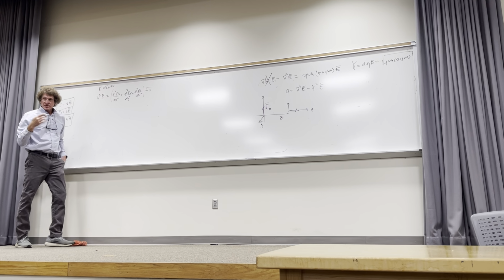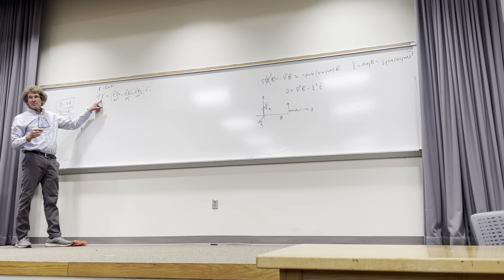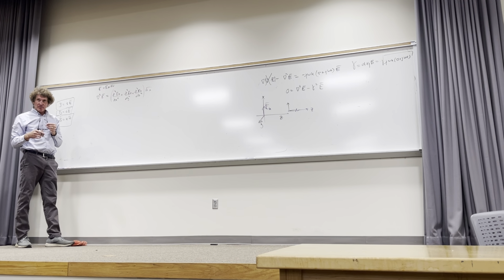Now, just for the record, this is a vector Laplacian. You see, the E field's a vector, not a scalar. In the back of the book, if you look at the scalar Laplacian, it would just be the second derivative of whatever that scalar function is, which could be V, with respect to x squared, plus the second derivative of V with respect to y squared, plus the second derivative of V with respect to z squared.